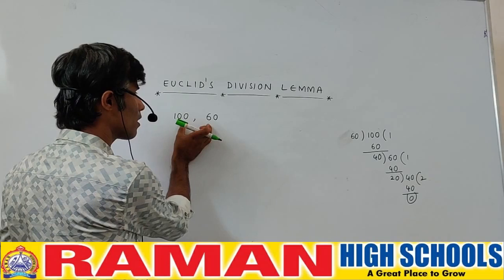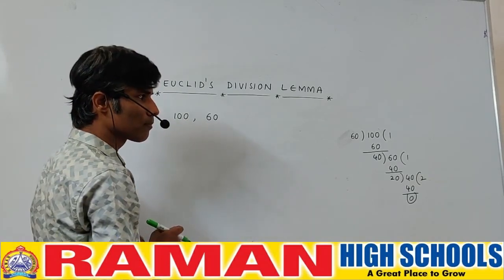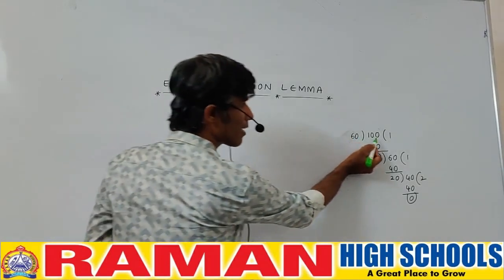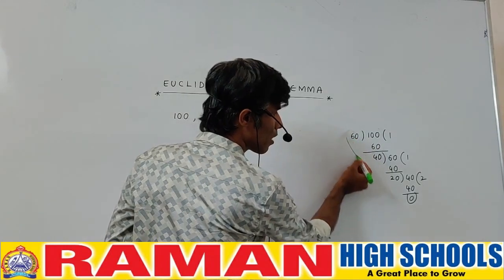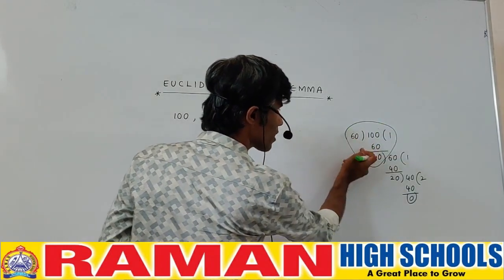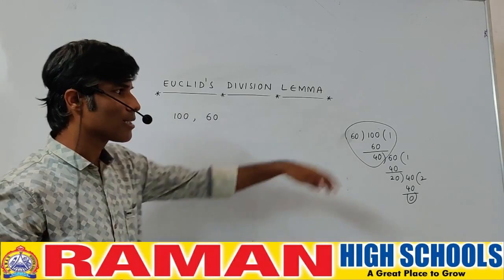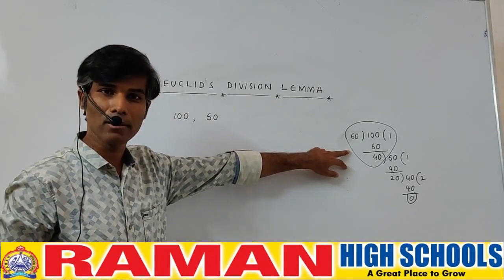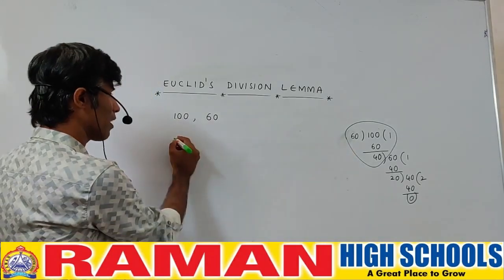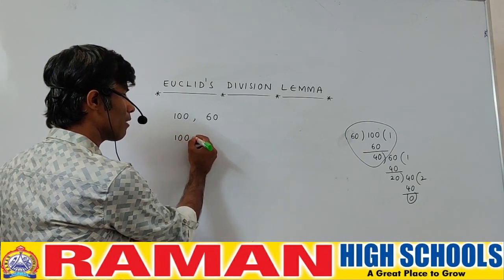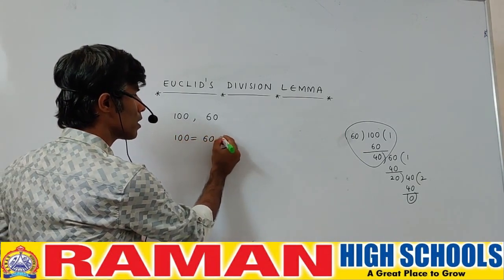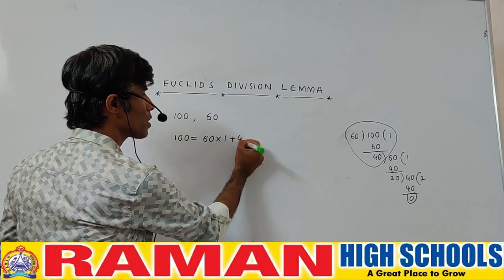Let us take 100 and 60. Here 100 is divided by 60 and you are getting this division. Let us take this division and apply the division rule to it. By using the division rule, you can write 100 equals 60 into 1 plus 40.